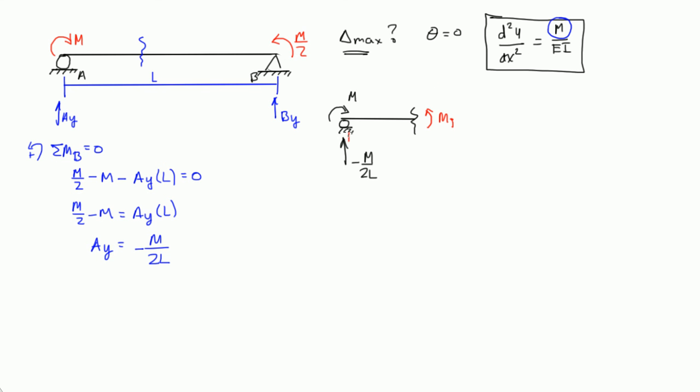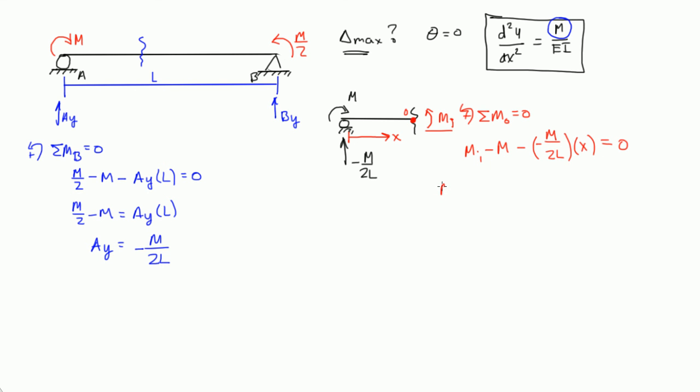And this distance here is x. So if I did the sum of the moments at point O, which I'll call here, equal to 0, and said this way is positive, I have this internal moment MI, then I have this negative M, minus M, and then this reaction is going up, so it's going to cause a negative moment, negative M/2L times x, and that's equal to 0.